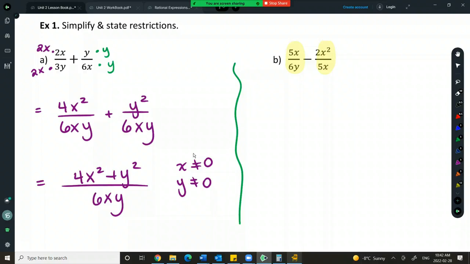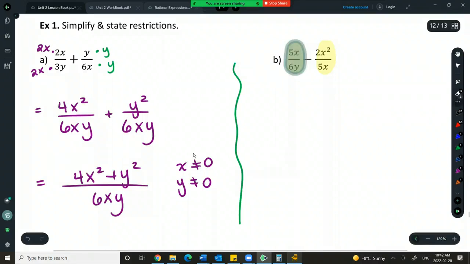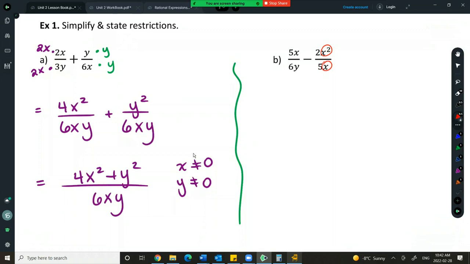Okay, so next one, can we cancel or reduce anything in these individual fractions here before we start? Alan? Okay, so see how we have a common x on the right over here? I'm going to take that out before we start. It will just simplify the question a little bit. So let's take out an x.